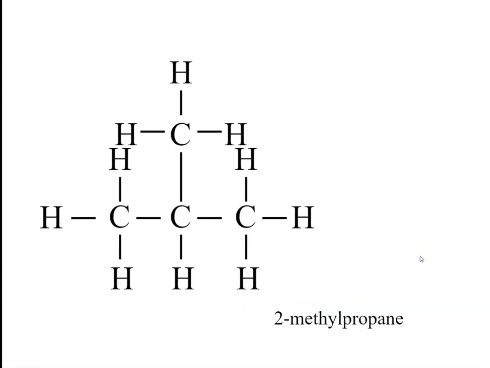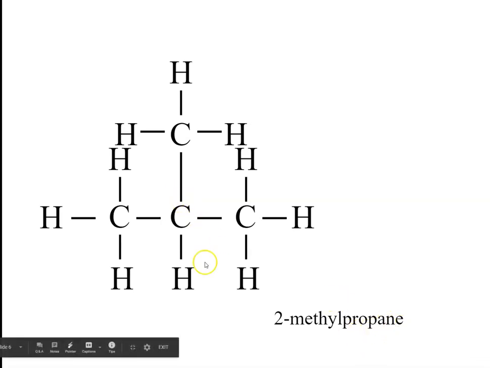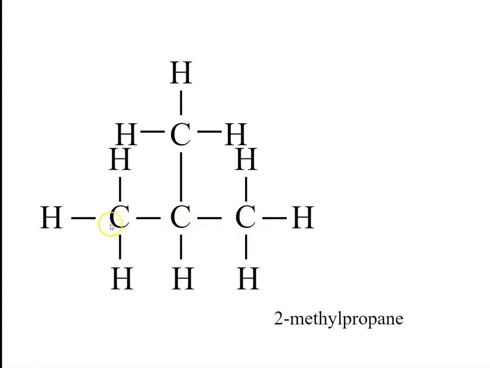Here's the other. It's called 2-methylpropane. Now that bond isn't really longer than all the others, that's just drawn like that for convenience. But it's called propane because you've got 1, 2, 3 carbon atoms. Prop- is the start for 3 carbon atoms. So propane.